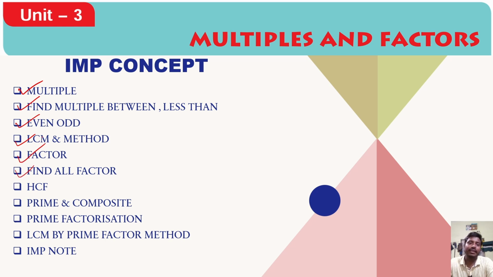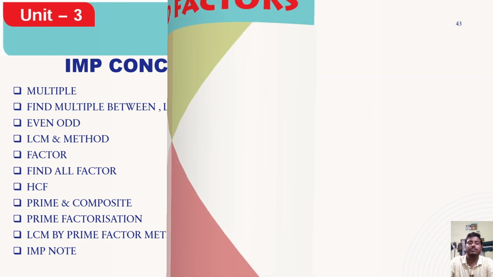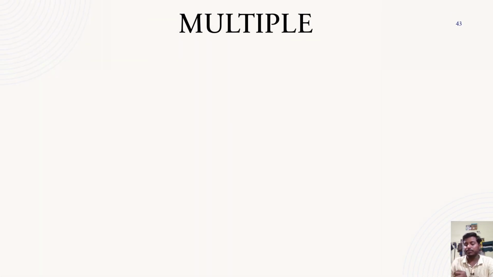Find all the factors of any number. And HCF. Then prime numbers and composite numbers. Then what is prime factorization? Then LCM by the prime factorization method and some important notes. Okay, so let's start. The first is multiple.